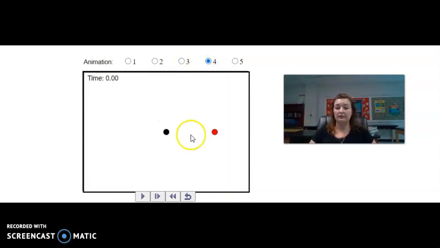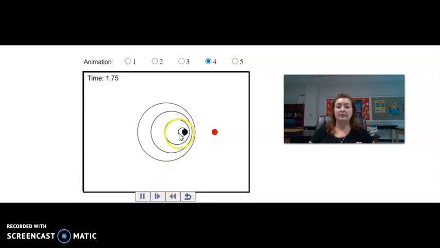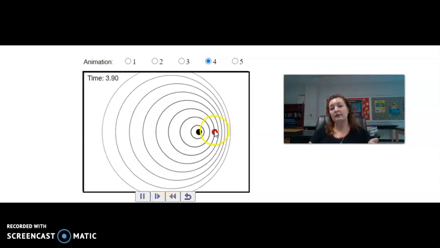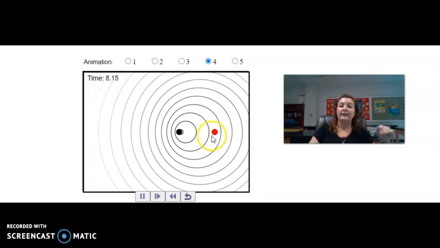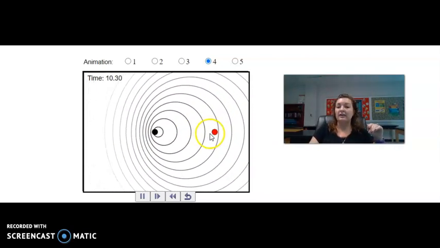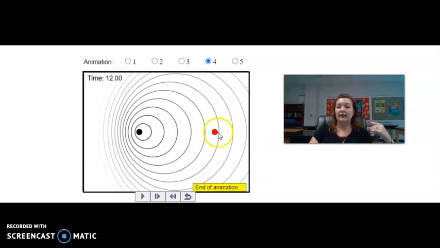I want to show you another simulation right here. That's going to show you the same thing, but back and forth. So now we have our object making sound going towards the observer. It's high pitched for the observer, but it's turning and going the opposite way. And you can see where it's stretched out, that's low pitch. And it's going to stretch out and become even more low pitch as the object that's producing sound gets farther and farther away.